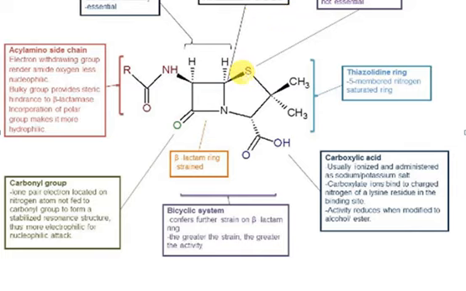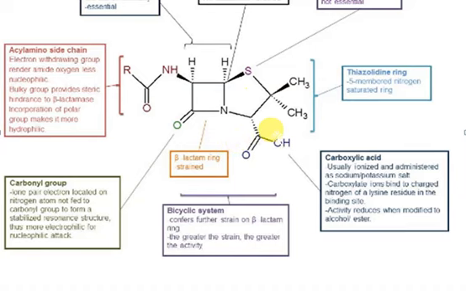Next, this is a thiazolidine ring, a 5-membered ring with nitrogen. The structure activity relationships indicate that this 5-membered ring should be saturated. There should be no double bond here. In case of methyl, you can have any other group, it doesn't matter. However, the essential thing is that this 5-membered ring should be saturated. If you bring any unsaturation into the ring, the biological activity is lost.